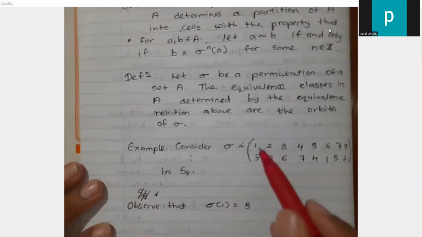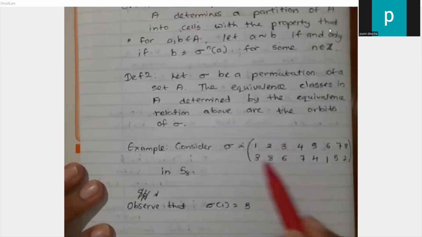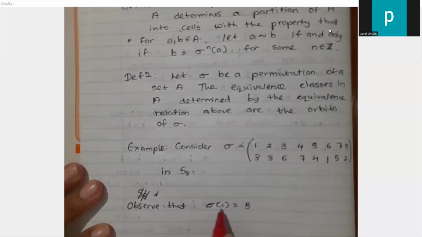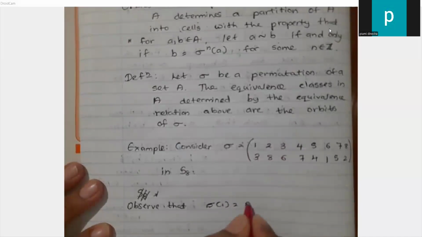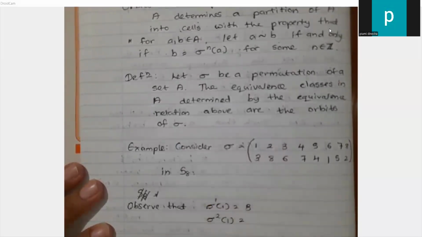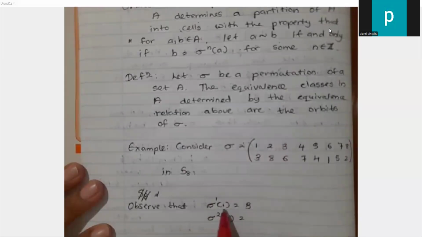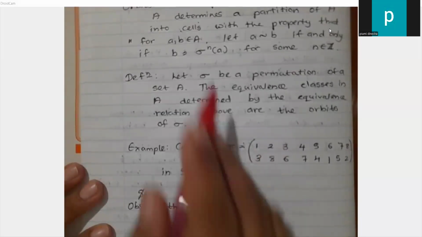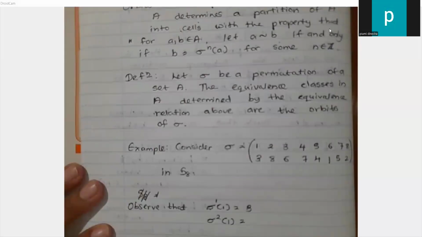This simply means through this permutation, we will send 1 to 3, 2 to 8, 3 to 6, and so on. So sigma of 1 is equal to 3. In this case the power is simply 1, then 1 is equivalent to 3 according to the relation given above. So 1 and 3 will be elements in the same orbit, right?